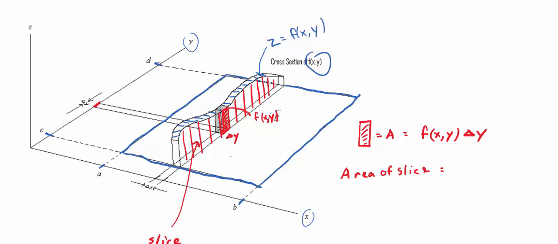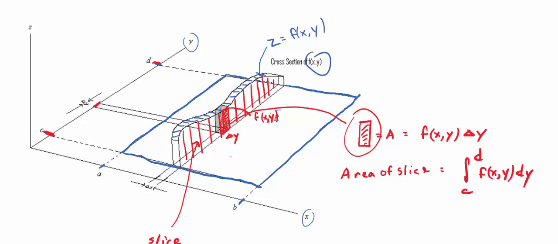Well, you'd have to take a lot of these rectangles and add them together, wouldn't you? And we would represent that with an integral, right? We think of an integral as a sum, even though in the back of your mind it's not quite a sum, it's a limit of a sum. So the area of the slice could be represented by the integral from c to d of f of x, y, dy. You believe that? Yeah?